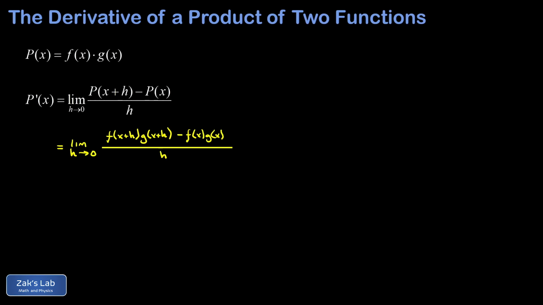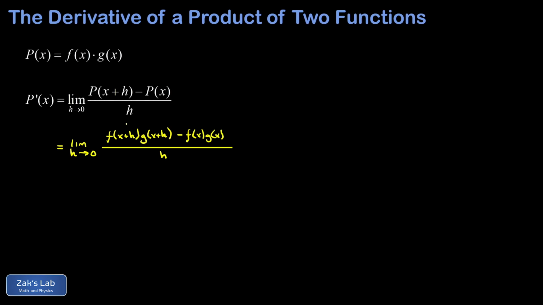Now, to just quickly discuss my motivation for the next move in a proof of this style, what I'm looking for in the numerator is an f of x plus h minus f of x, or a g of x plus h minus g of x, because that's what the numerator looks like in a derivative of f or a derivative of g.